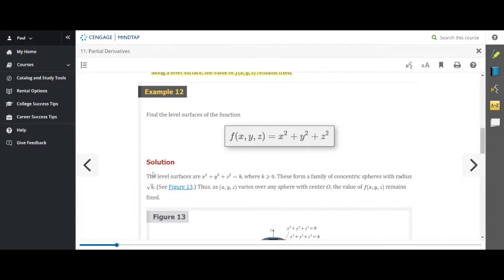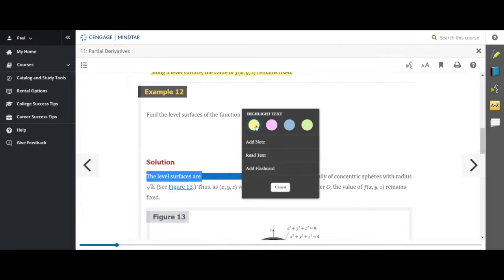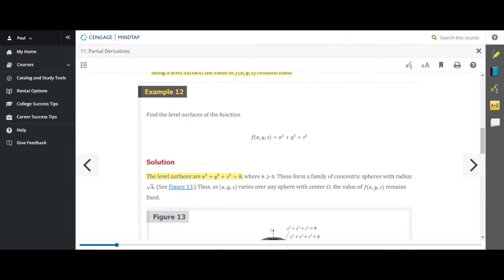The level surfaces are when you set your function equal to k, and x squared plus y squared plus z squared equals k.